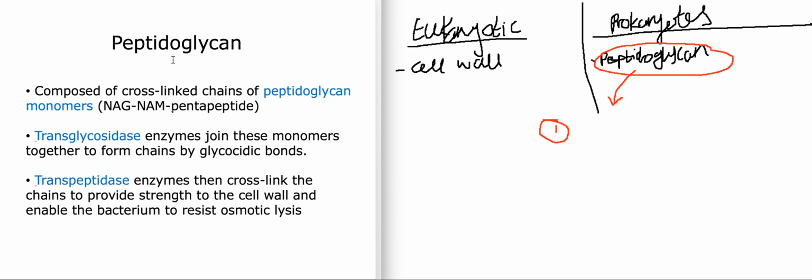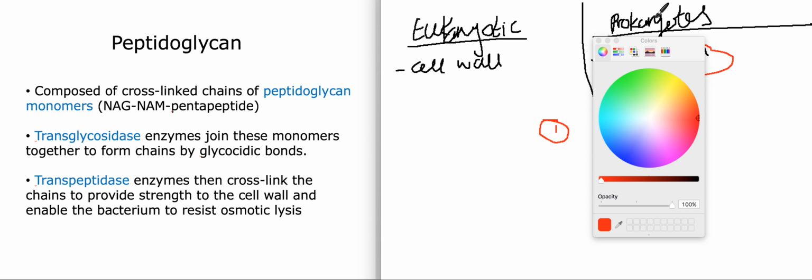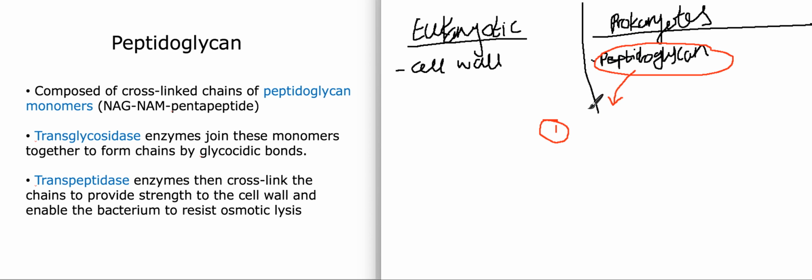Now, as I've already mentioned, it's composed of cross-linked chains of peptidoglycan monomers. So this is the main thing that you want to look at. It's made from an NAM and NAG, which usually has a pentapeptide.